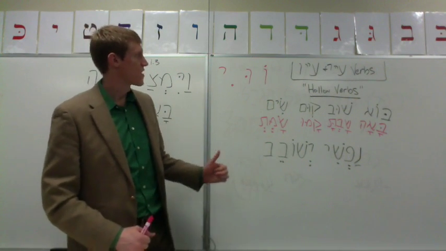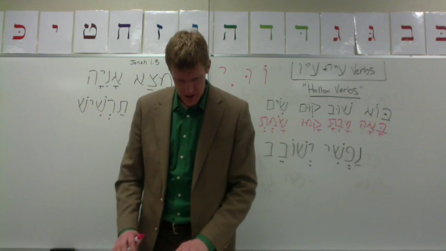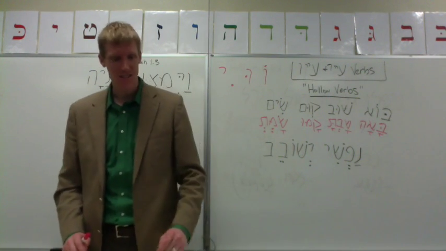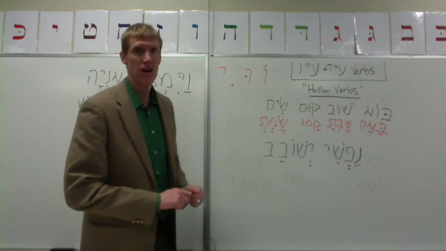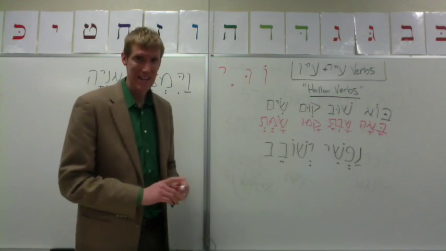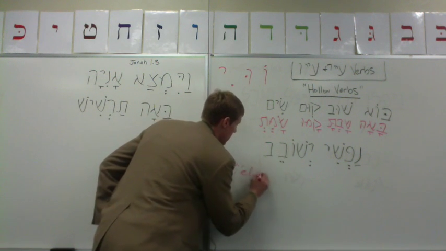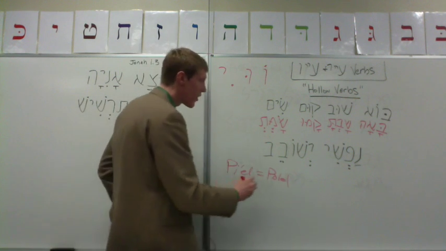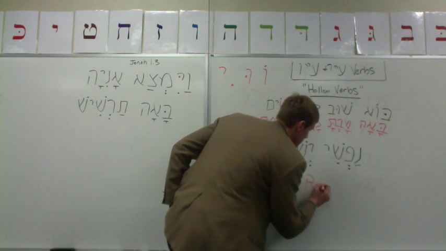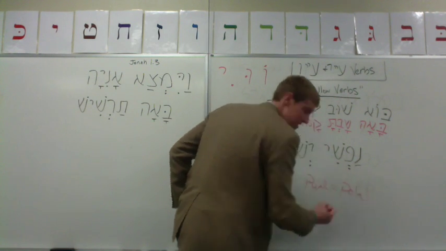This is in the textbook on page 169, number 2. The PL becomes the polel. The pu'al becomes the polal.